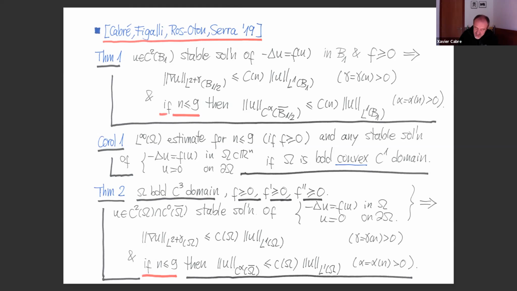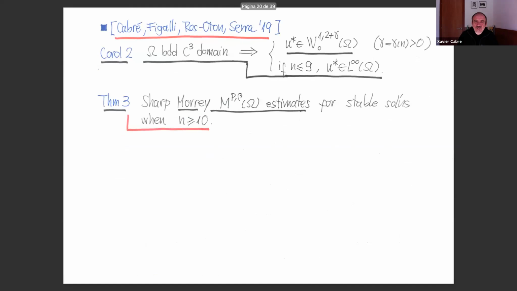Uniformly in the branch is okay. Or otherwise, you assume that your solution is L1 to start with, right? So, and this H1 estimate that solves an open problem of Brezis and Vázquez, this holds in every dimension, okay? But boundedness up to dimension 9.